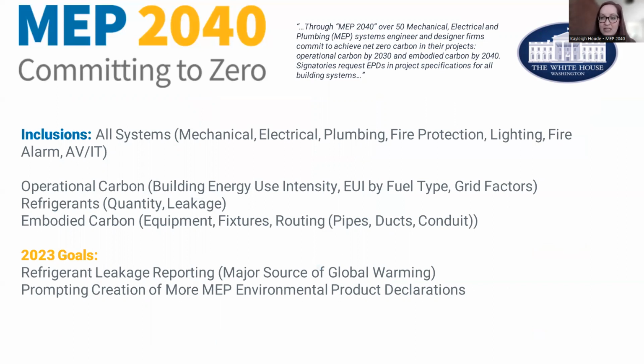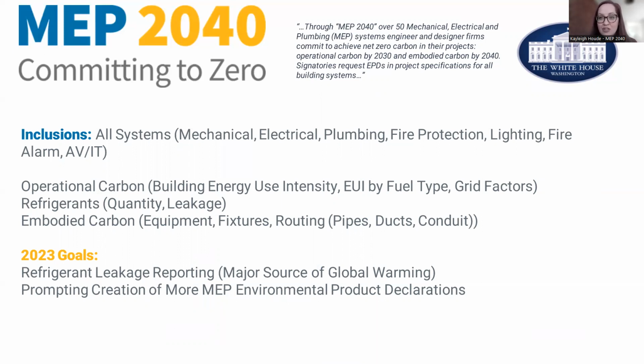So the building EUI by fuel type, refrigerant quantities and leakages, and then all of the embodied carbon facets of all that materiality of that system's scope. So equipment, fixtures, routing. And then some of our goals for 2023 are to start reporting refrigerant leakage because it is a major source of global warming, and also to prompt creation of more MEP environmental product declarations. It's a hole that we have.